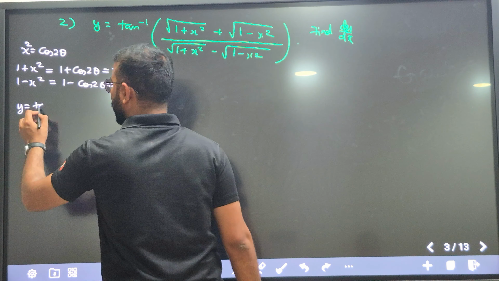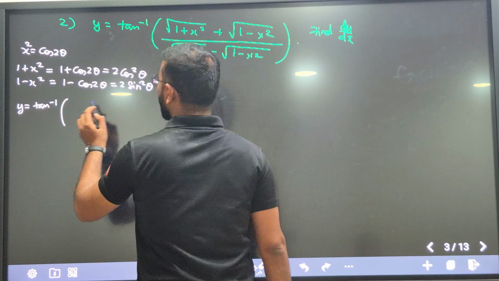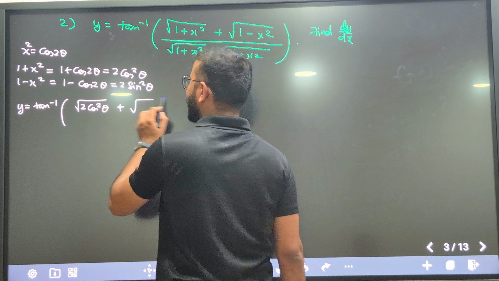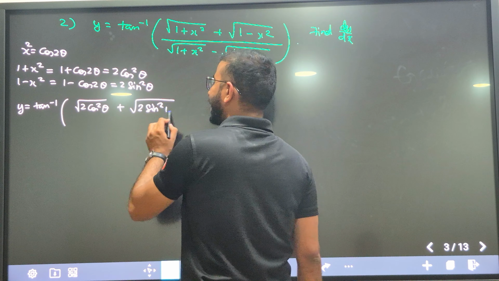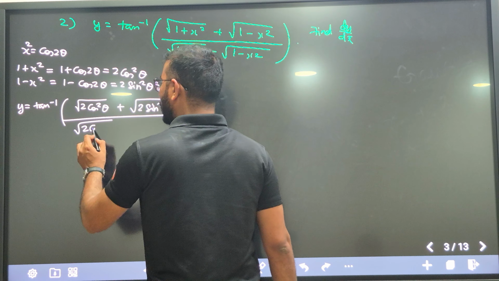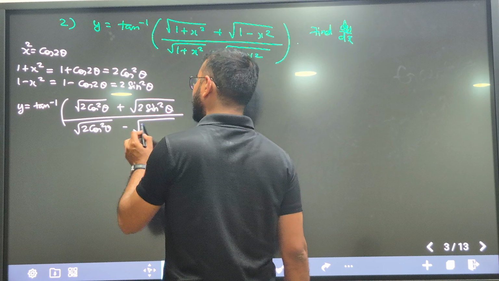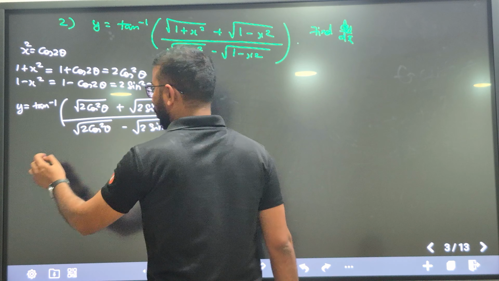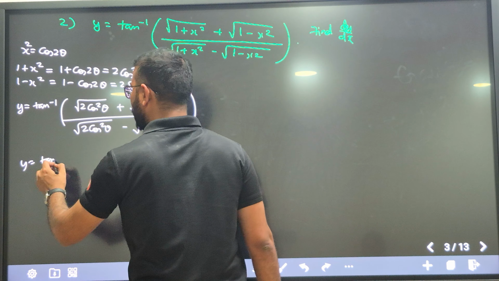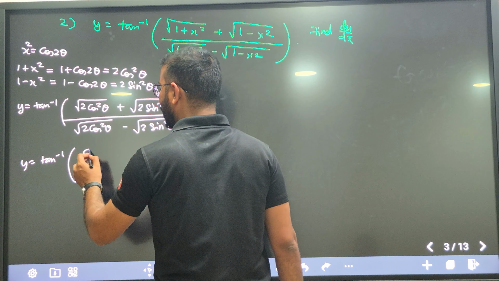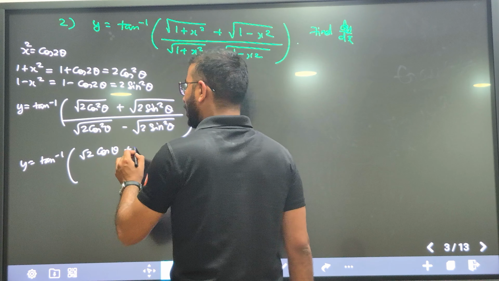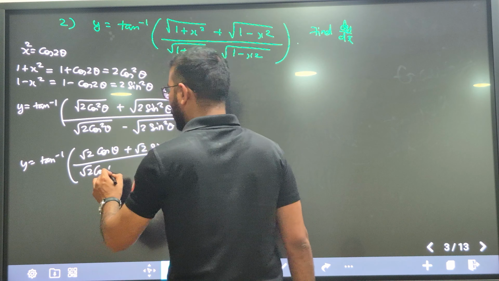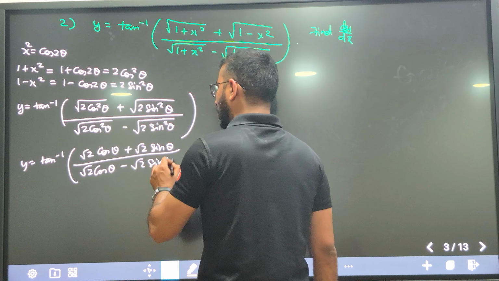So y is equal to tan inverse root 2 cos square theta plus root 2 sine square theta, root 2 cos square theta. Now root 2, what you can take common, or let me write this an easy way, root 2 cos theta plus root 2 sine theta whole divided by root 2 cos theta, root 2 sine theta.